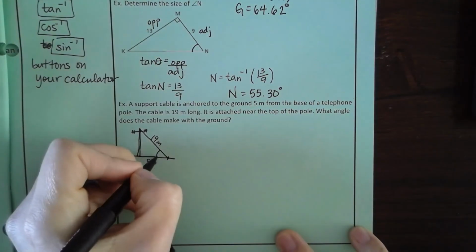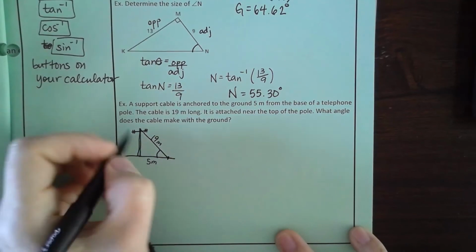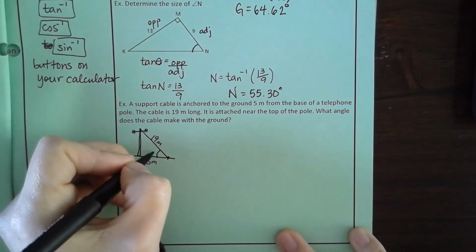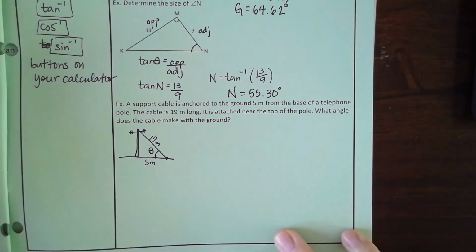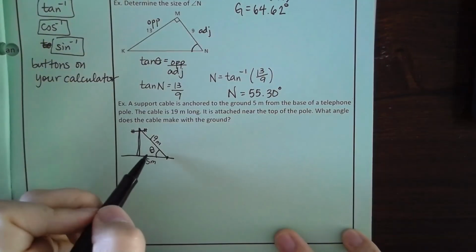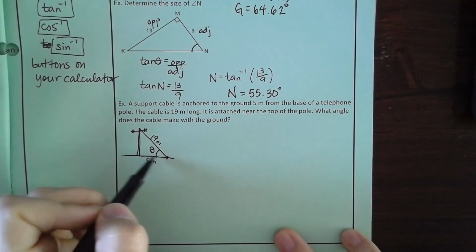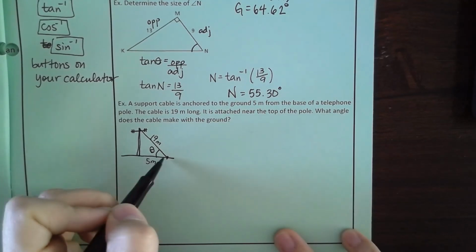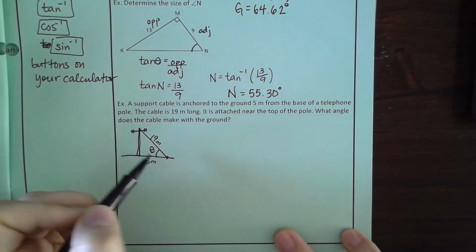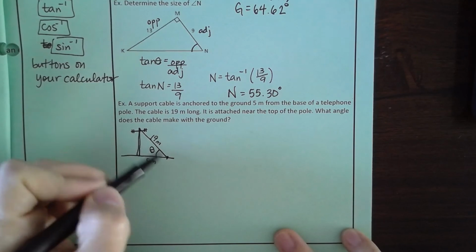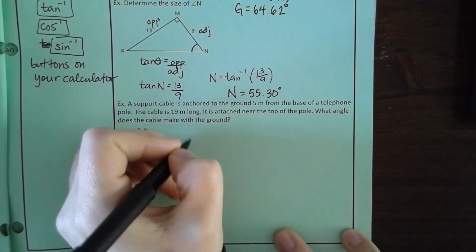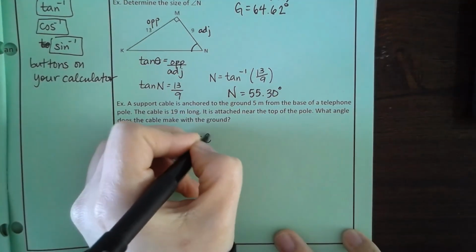Well, this is the angle that we're looking for. Because we're not given a letter to use, I think the variable we should use is theta. So make a decision on what ratio we need to use to solve for theta. Relative to theta we have 5, which is the adjacent, and 19, which is the hypotenuse. So we're using cos.